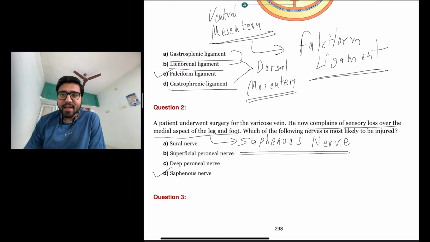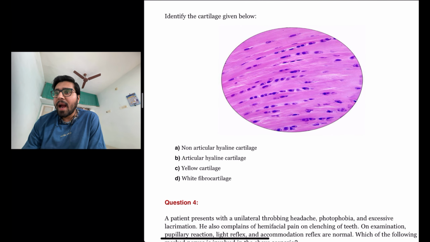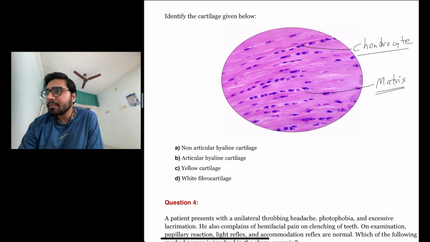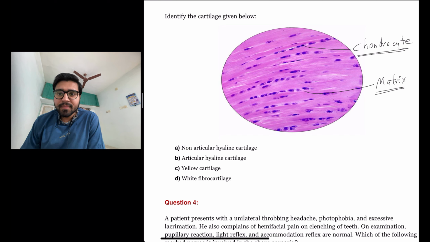Let us move on to the next question. Identify the cartilage below. So let us label first of all this image. This is chondrocyte and this one is matrix. Okay.